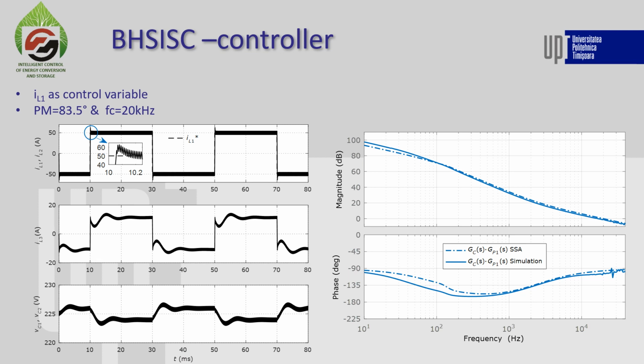Here we have the open loop frequency response for the two models, the state space average model and the simulation model, and also the results on the left are from the simulation model and not experimental. Here we see that we have a phase margin of 83.5 degrees at a cutoff frequency of 20 kilohertz, so it's quite a fast controller.